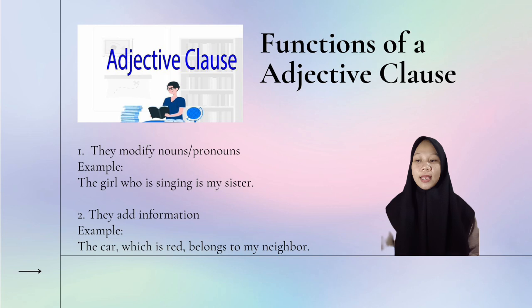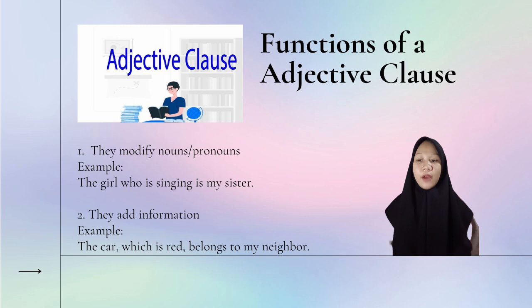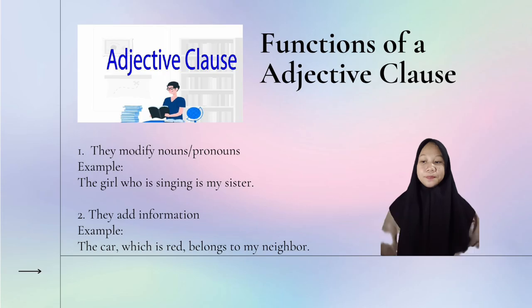Next, they add information. Adjective clauses provide additional details about the noun or pronoun, either essential or non-essential to the meaning of the sentence. The example: "The car which is red belongs to my neighbor." The adjective clause "which is red" adds extra information about the noun car.